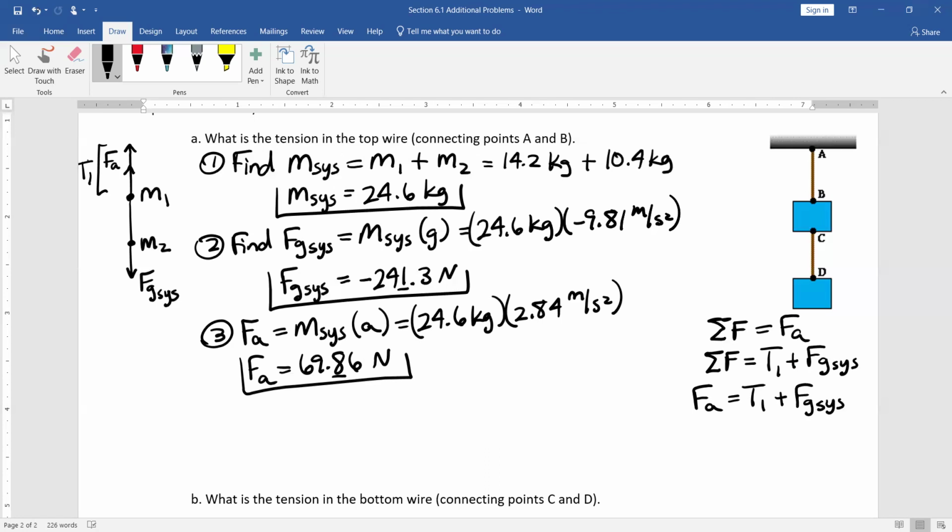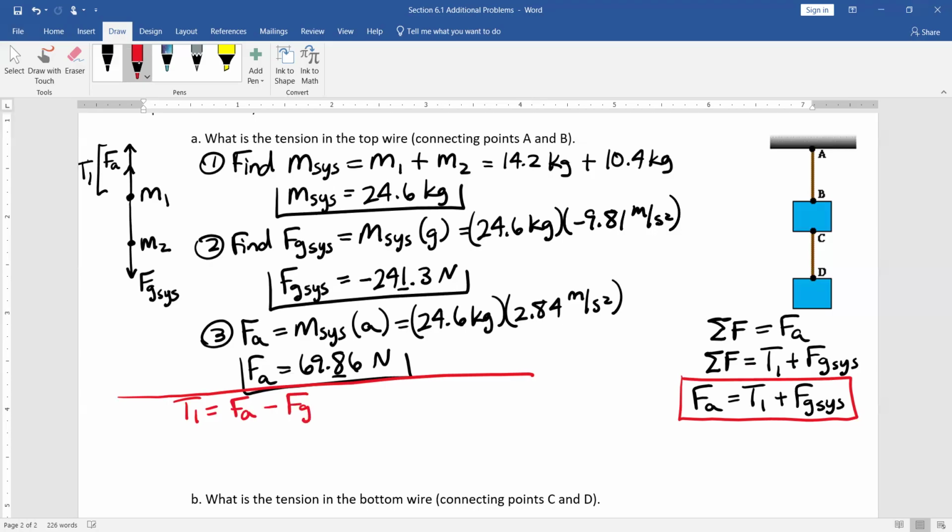Now, if I'm solving for tension, and especially since I'm running out of room here, I'm going to set it up so that T1 is equal to the force of the acceleration minus the force of gravity on the system. And so that is 69.86 minus negative 241.3.